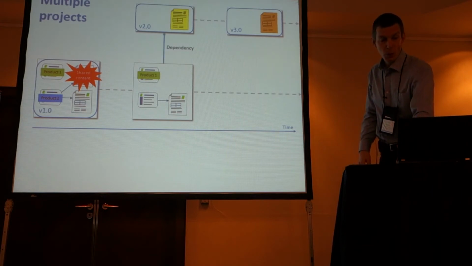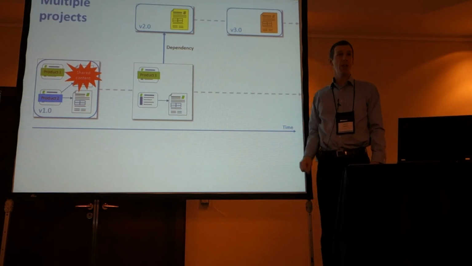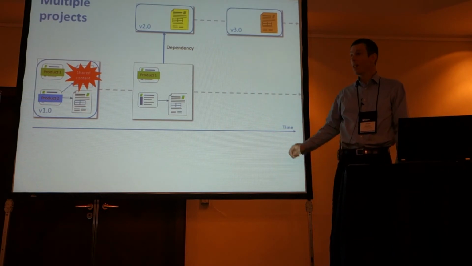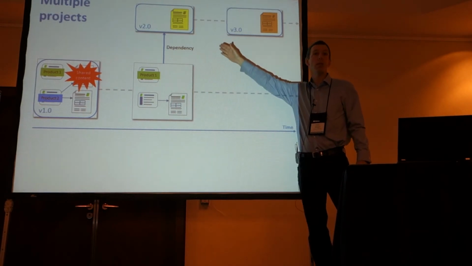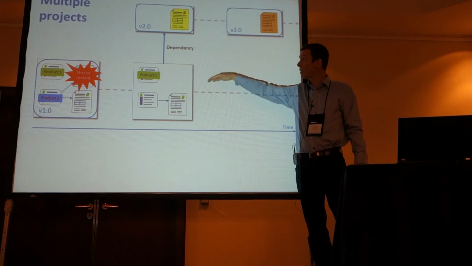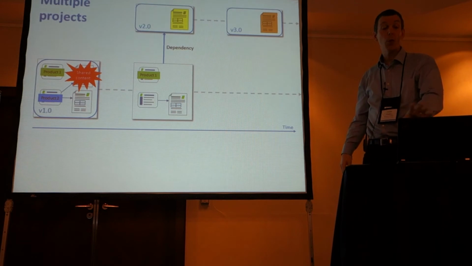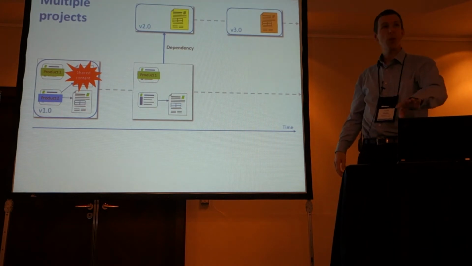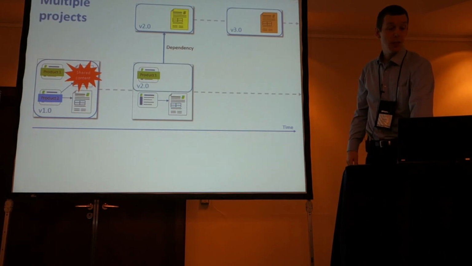So when we need to do the product 1 release, we say, I need to use that shared content. So this project here needs to import the content from that other project, and we can say this has a dependency on that project. Product 1 will use V2 of that shared project, and then we can release V2 of product 1.